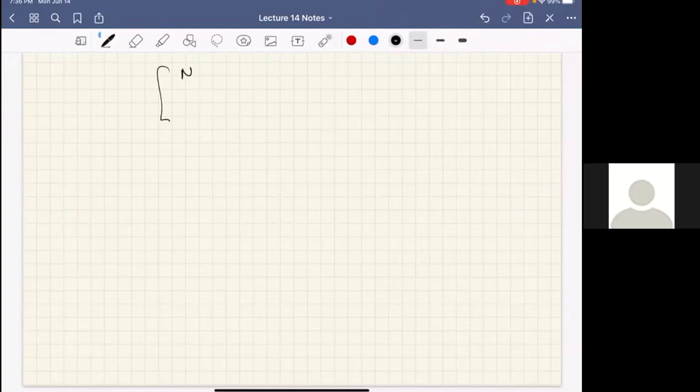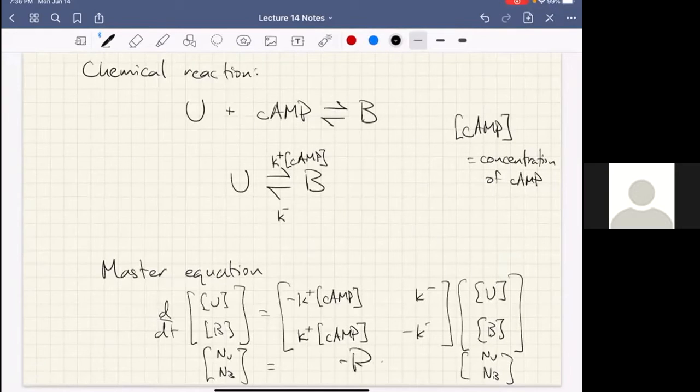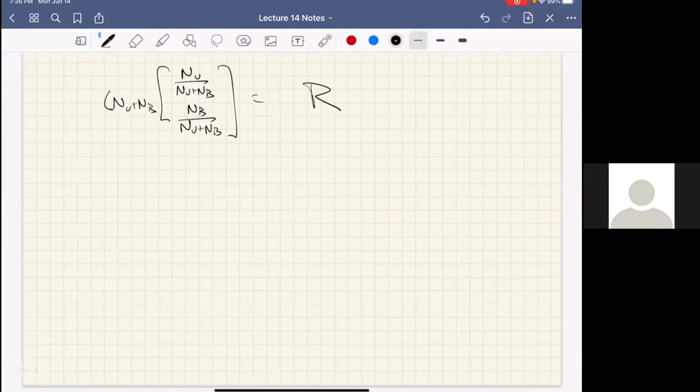I could say the number of U divided by NU plus NB, number of B divided by NU plus NB, times NU plus NB, is equal to, again, my rate matrix R. Let me actually write the rate matrix there. That's what I meant. So this is the rate matrix. In fact, let me clean that up a little. Coming back over here, again, there's no difference if I take out that constant of proportionality.